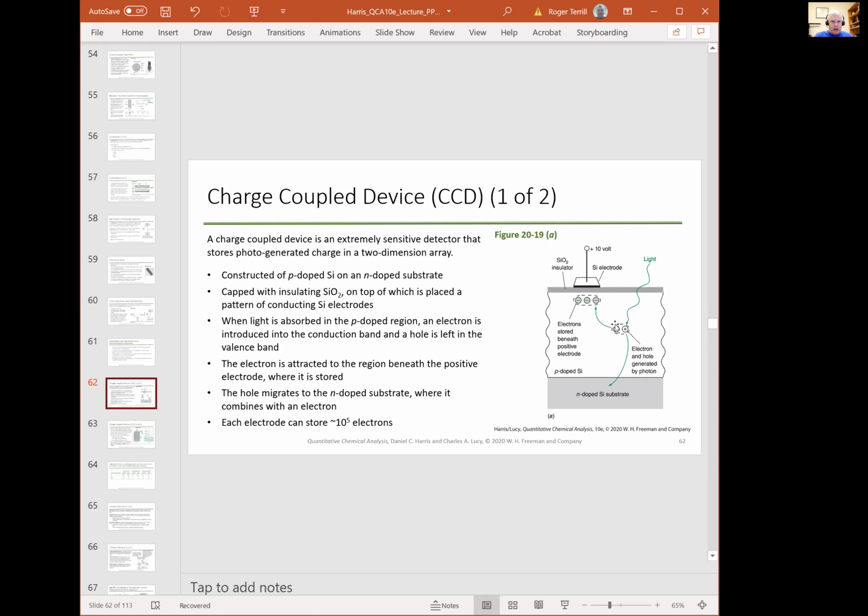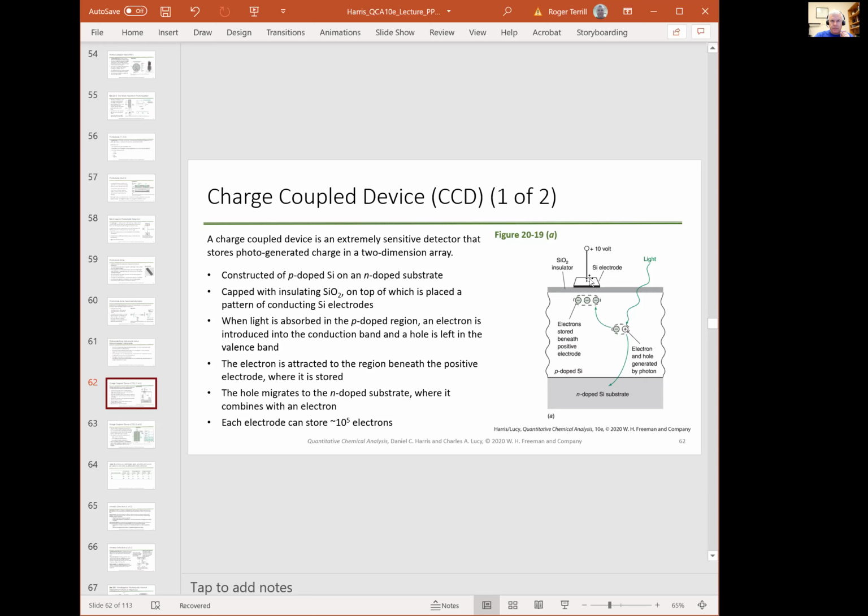Then when light comes in and creates electron hole pairs, the electrons will be sucked into that region and stored at this SiO2 p-type silicon interface. Every photon adds an electron to the charge on this capacitor.